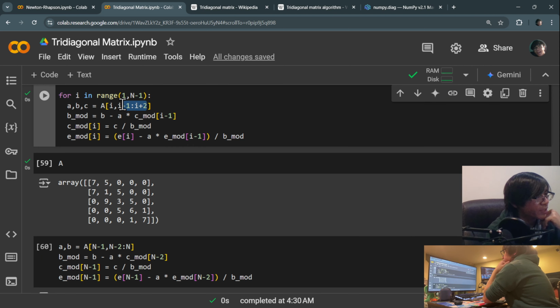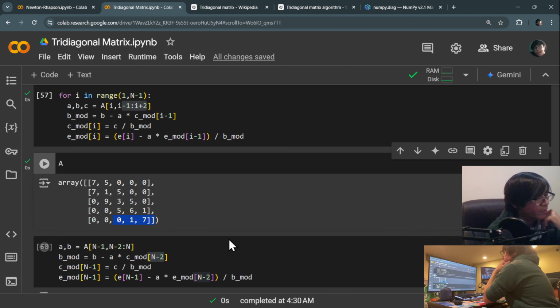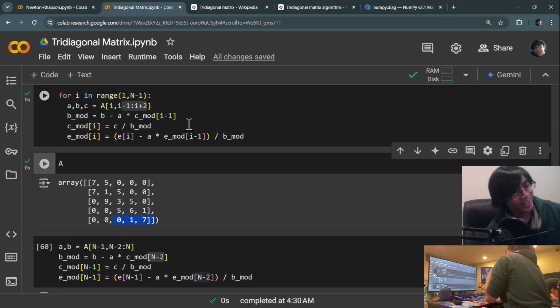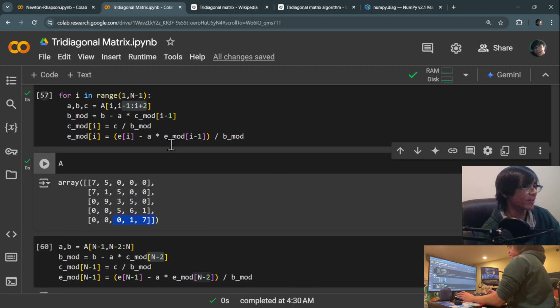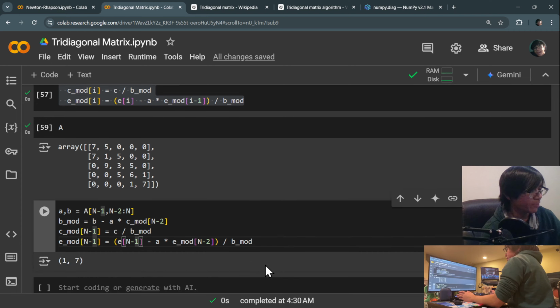We already changed the indexing. Is that correct? N minus 2, 4 minus 2 is 2. Honestly, I'm going to just trust I did this correctly. The calculations made in the loop still apply to the bottom value. We just have to be careful about the indexing here.